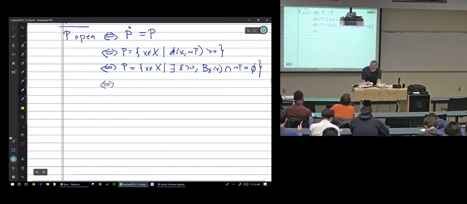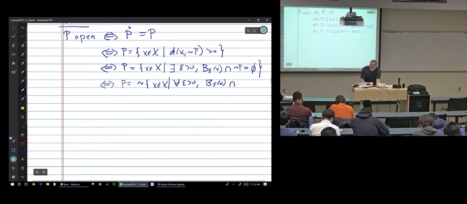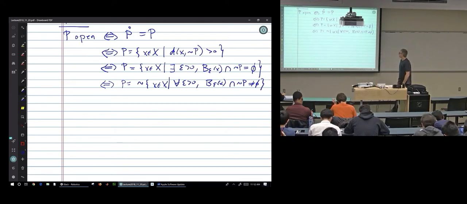So that's if and only if P is equal to the complement of the set of all x in X such that, no matter what epsilon is, I take the ball of radius epsilon about x and I intersect the complement of P, and it's not empty.